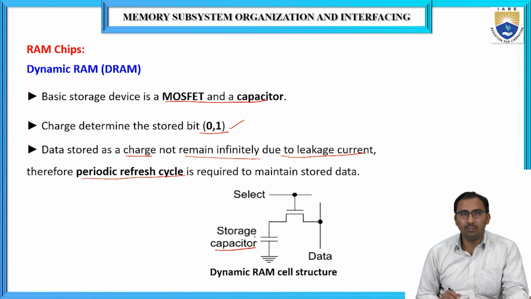So in order to maintain the charge inside the capacitor, it requires refresh cycles periodically. That's why the DRAM requires refresh cycles, whereas the SRAM doesn't require any refresh cycles, as it doesn't contain any capacitors.